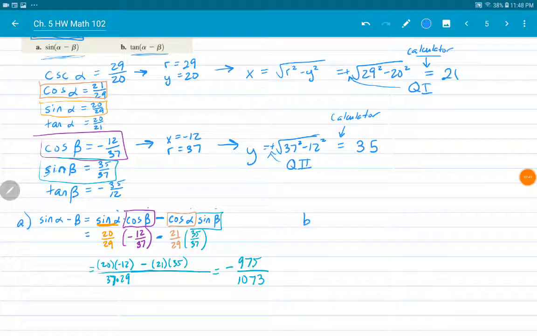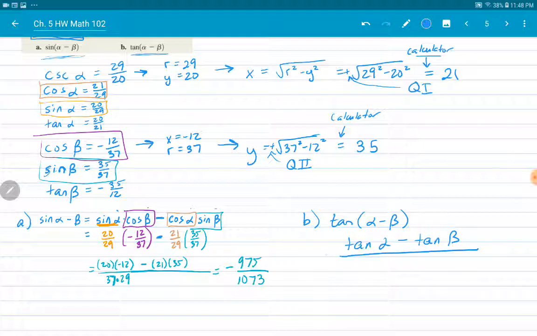Now repeating that process for part B, I'm looking for tangent of alpha minus beta, and that identity is tangent of alpha, keep the same sign, and then minus tangent of beta in the numerator. And the denominator, I have 1 minus the product of those two tangents.